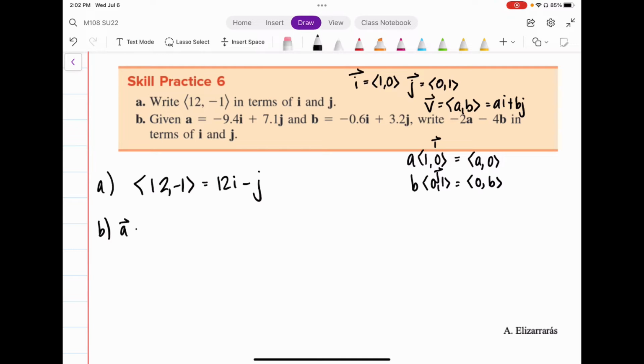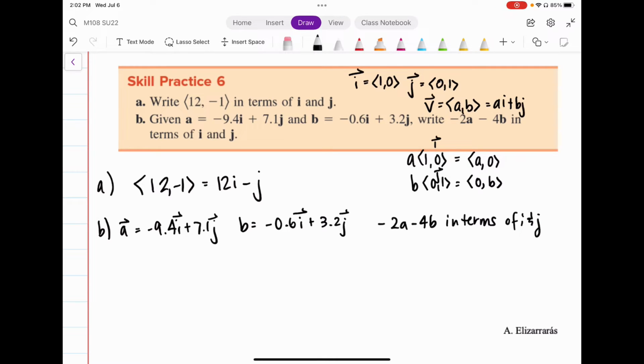Given vector a equals negative 9.4i plus 7.1j, and b is equal to negative 0.6i plus 3.2j, we want to write negative 2a minus 4b in terms of i and j.